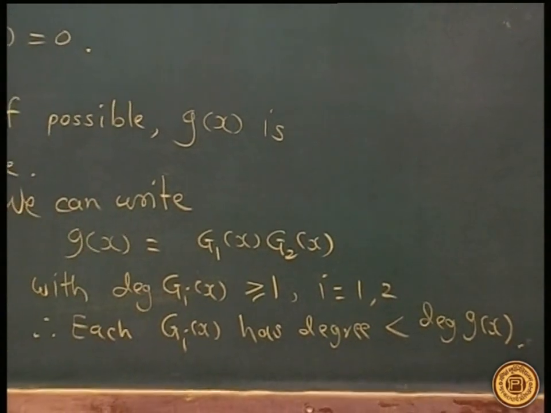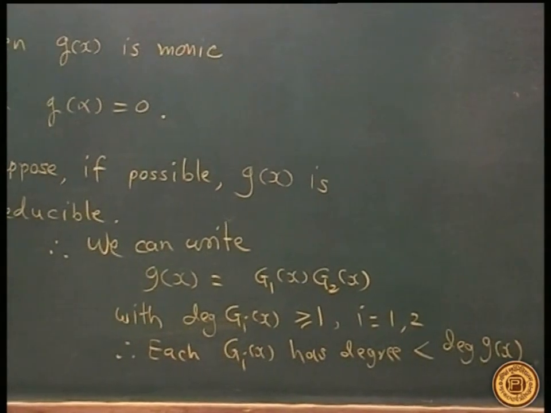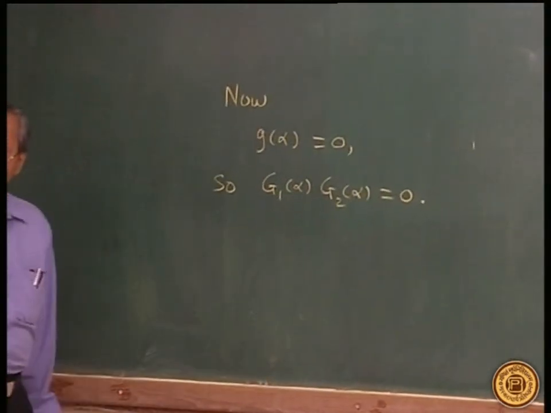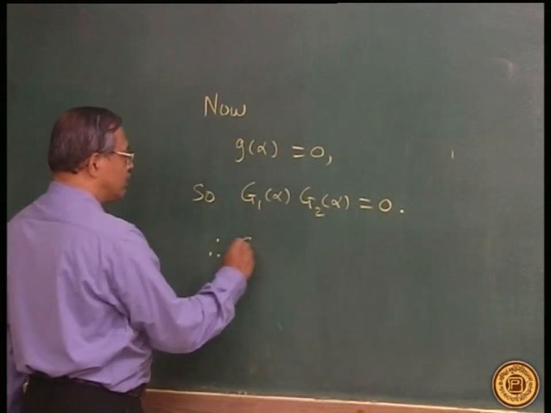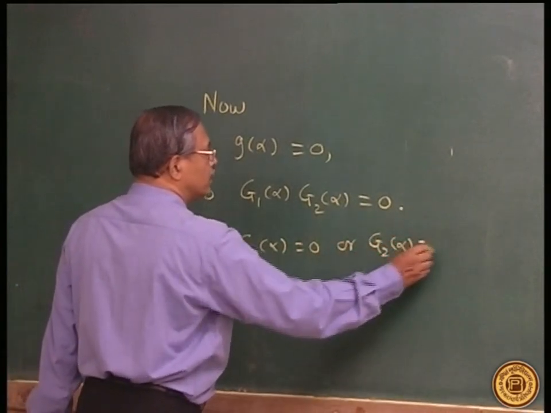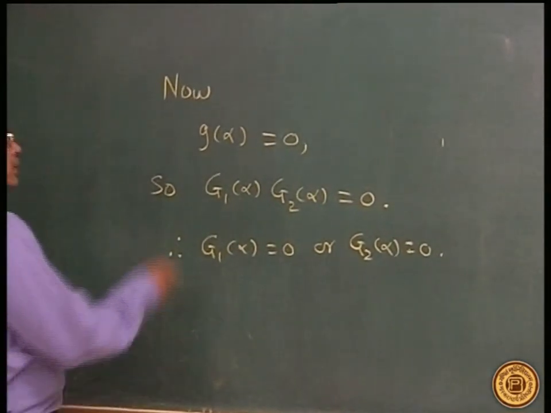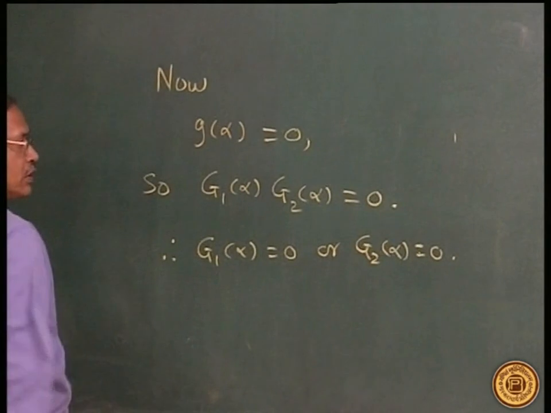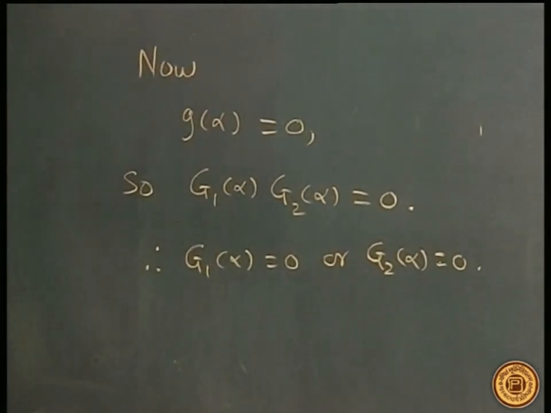Now g of alpha equal to 0, so G1 of alpha times G2 of alpha equal to 0, and so either this is 0 or this is 0. Therefore G1 of alpha equal to 0 or G2 of alpha equal to 0. So we have got a polynomial of degree smaller than that of g. That's a contradiction because g(x) was a polynomial of smallest degree having alpha as a root.